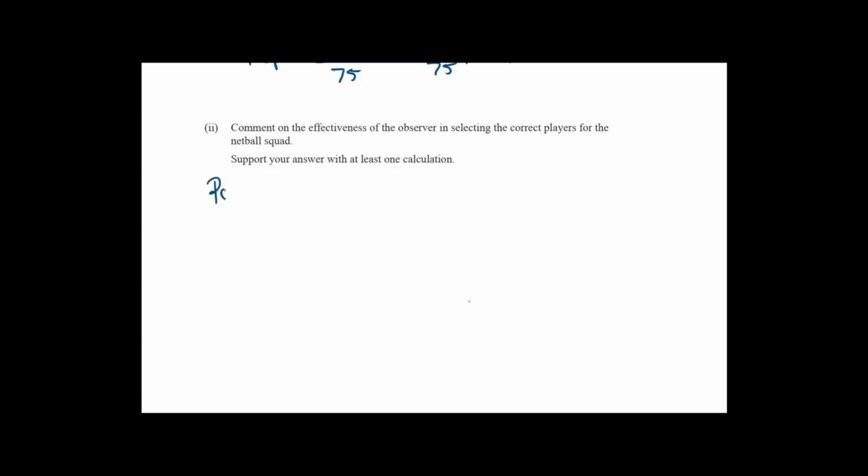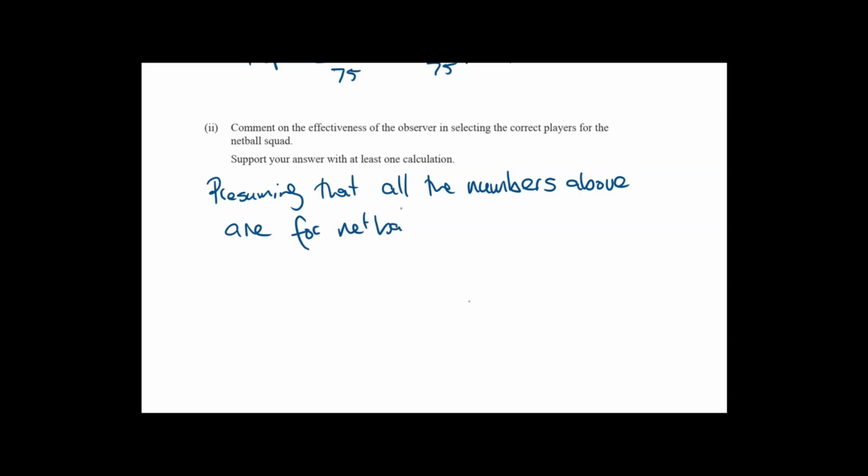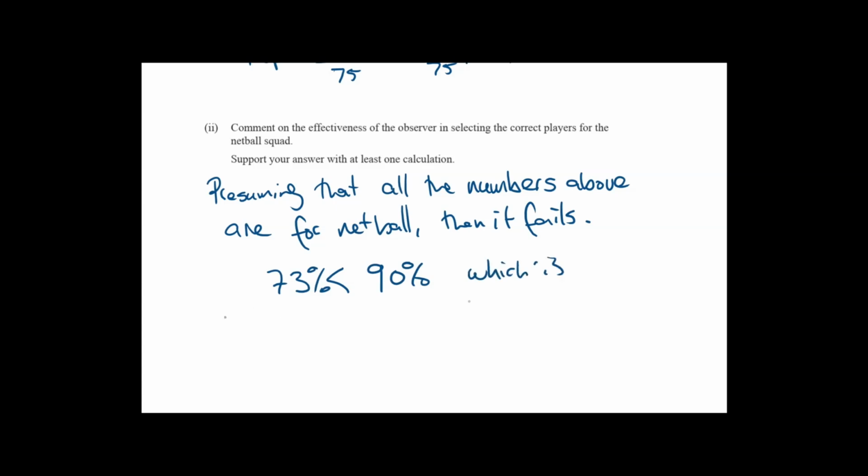Well, presuming that all the numbers above are for netball, then it fails, because 73% is less than 90%, which is the stated desired accuracy.